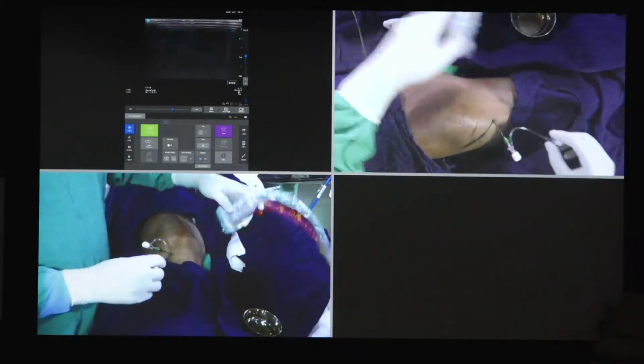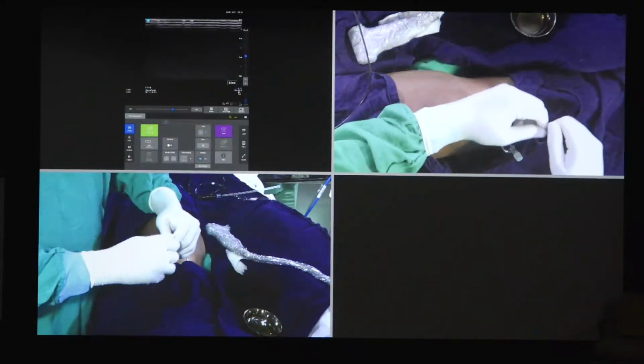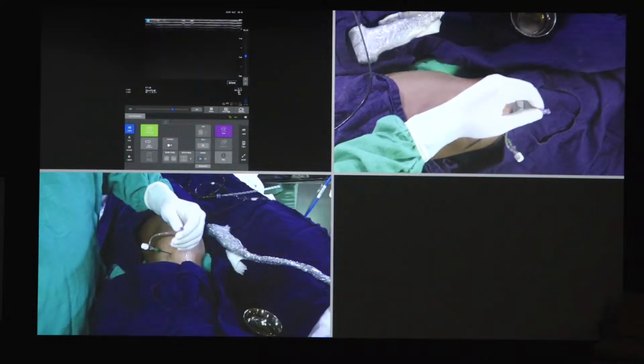Okay, so I'm going to give local anesthetic again before the lesioning.